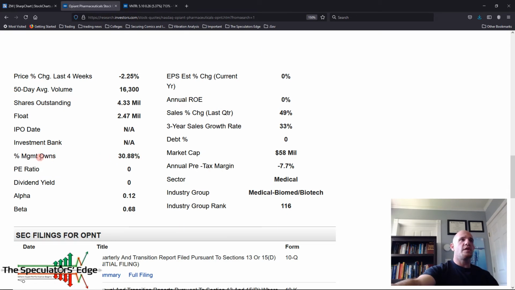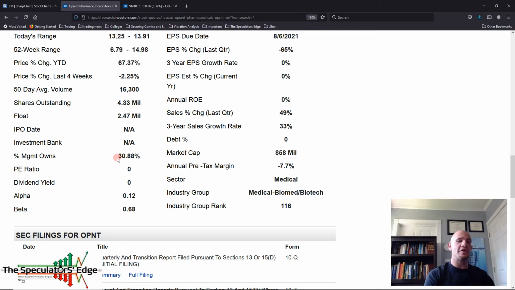I want to point this out, management owns 30.88% of the shares. That's really good. So they're pretty confident about their company. You want to see management putting their money where their mouth is, because then they do believe in their company.